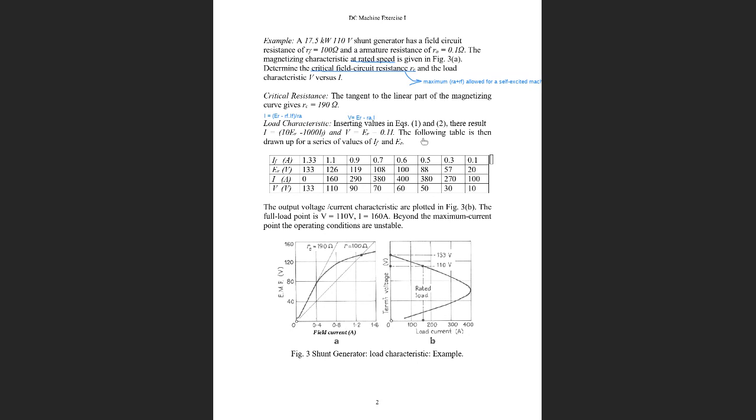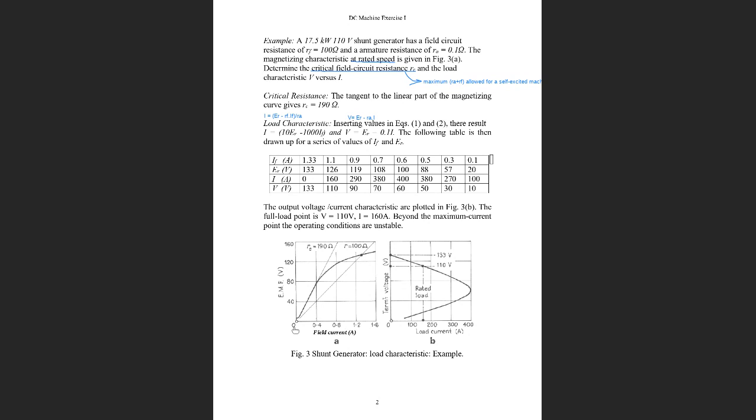Okay, so the following table is drawn up for a series of values of the field current IF and internal generated voltage ER, which can be read from the curves given here.